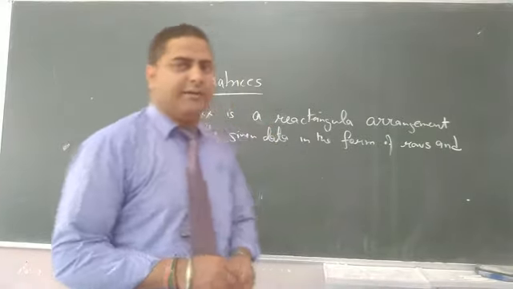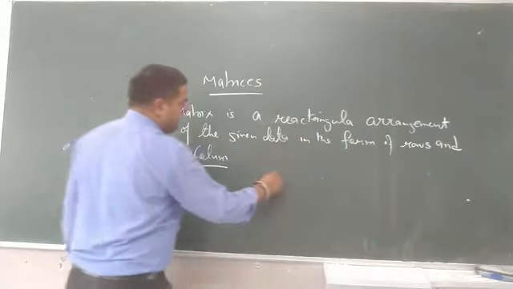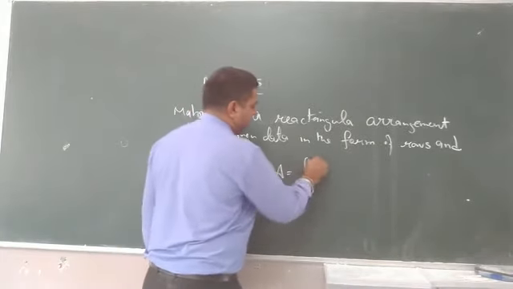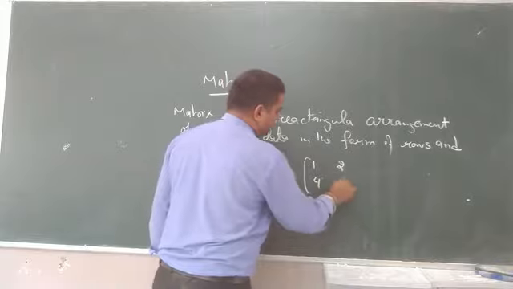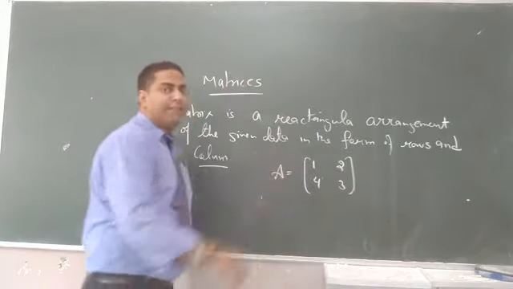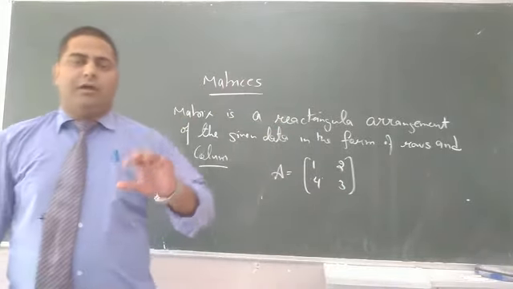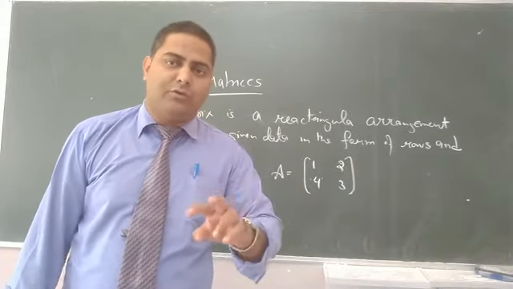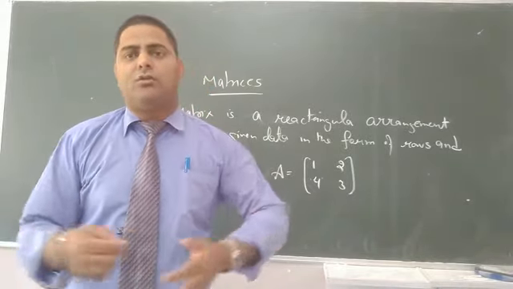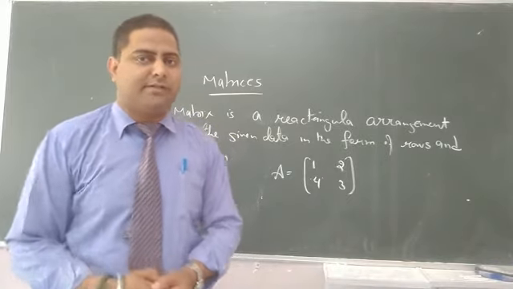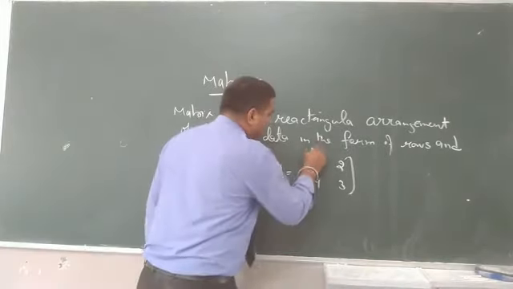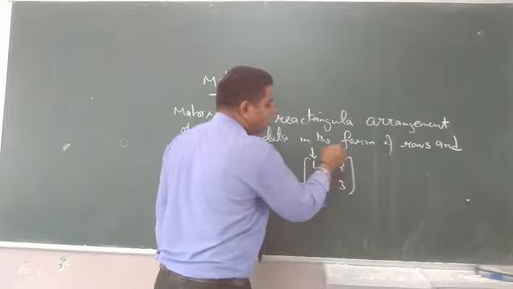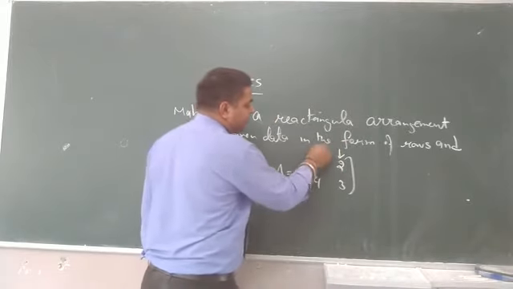Let us take a very simple example. Let A be 1, 2, 4, 3. This is a matrix. Now, you can see this matrix has 2 rows and 2 columns. What are rows and what are columns? The vertical lines are called columns.